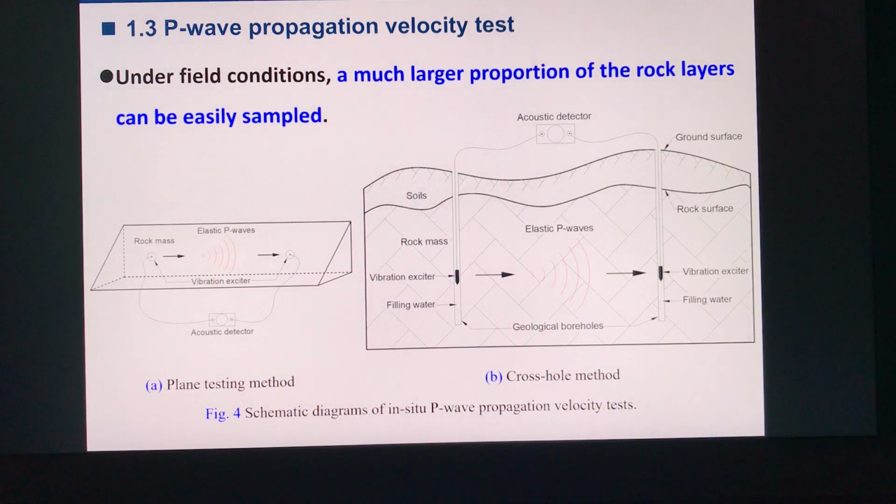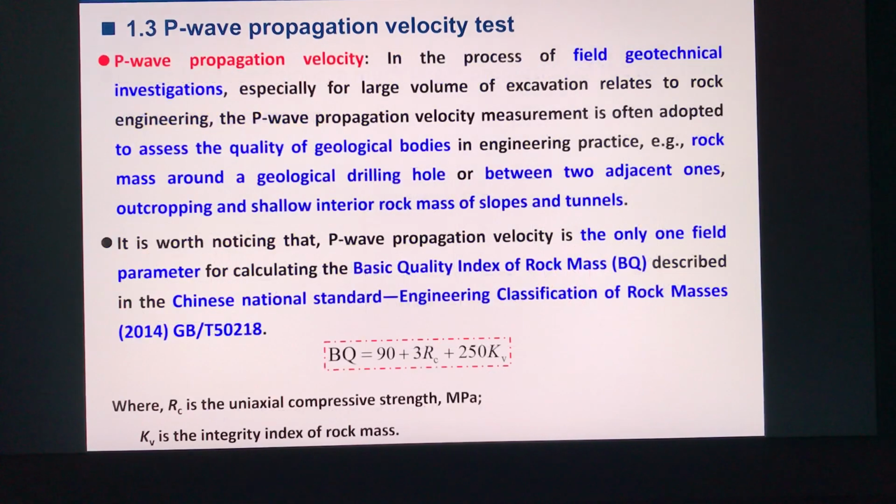Under field conditions, by this method, a much larger proportion of rock layers can be easily sampled. It is worth mentioning that the P-wave propagation velocity is only one field parameter for calculating the basic quality index of rock masses described in the Chinese national standard, engineering classification of rock masses.